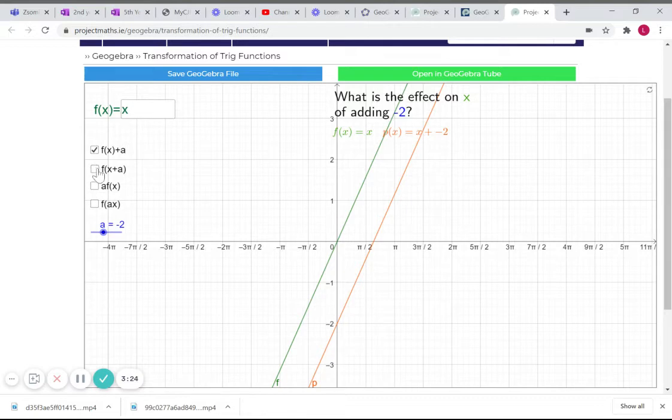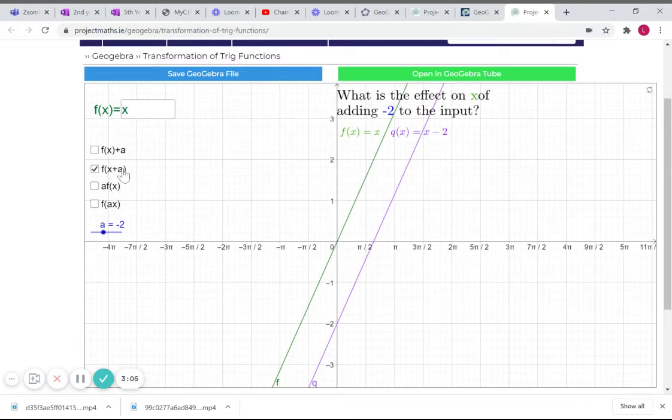Now, what about if we had a change inside of the bracket alongside the x? Well, then that's going to change the x coordinate. So again, if we had minus 2, what happens now is our parent function is still that green line, but actually our graph has been shifted over 2 places.